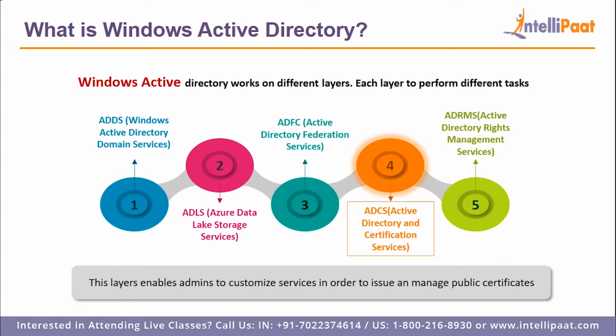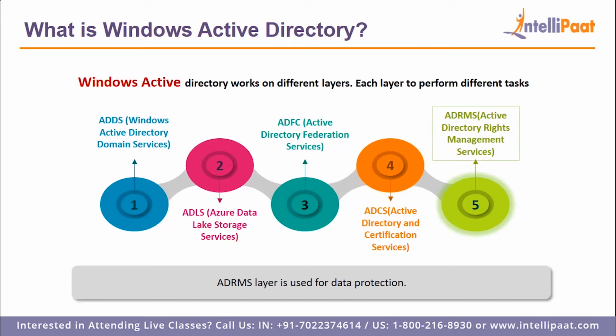The next layer is ADCS. This layer allows the admin to customize services and manage or issue public certificates. And the last layer is ADRMS, which is basically used for data protection. So when we use Windows Active Directory, the admin has to take care of 5 different layers that perform different tasks. Now that is also a very big hassle.